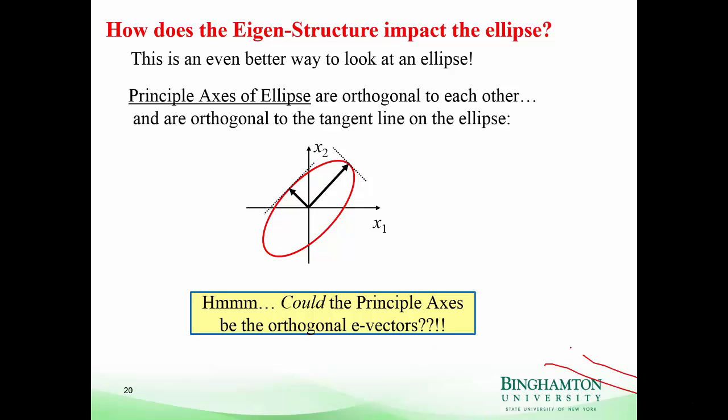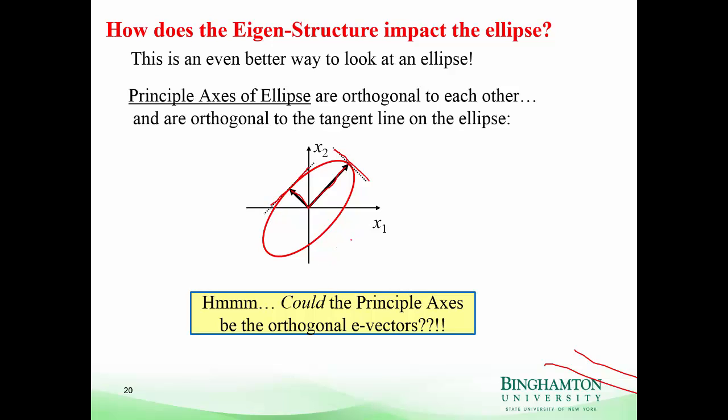If I draw a vector out to that point there, and this is a tangent line, I'm going to draw it out to the point where the tangent line is orthogonal to the vector. Here's another one, so there will be 2 of them. Those are the principal axes of the ellipse.